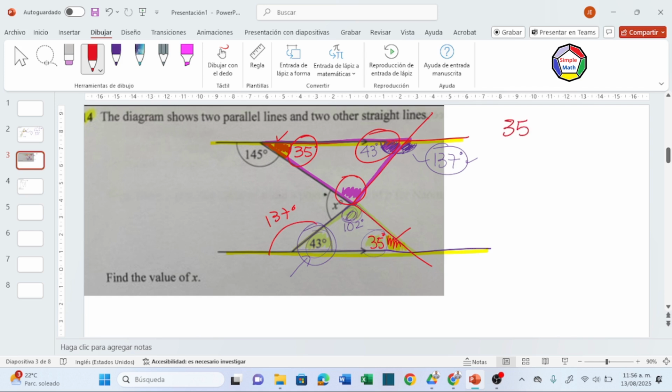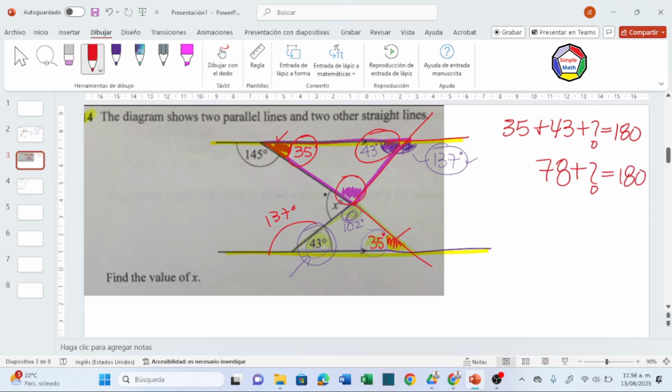So 35 plus 43 plus the purple must be equal to 180 degrees. So 35 plus 43 is equal to 78. 78 plus the angle that I don't know must be equal to 180 degrees.